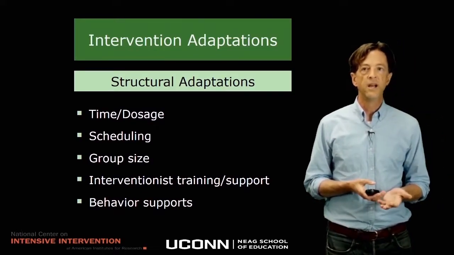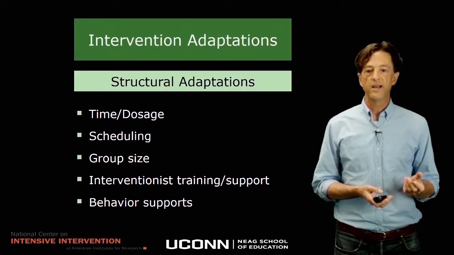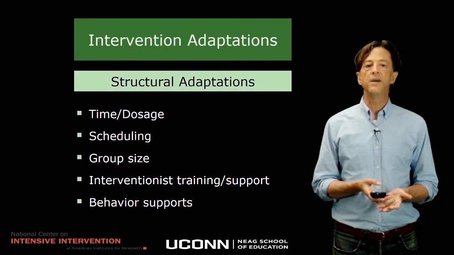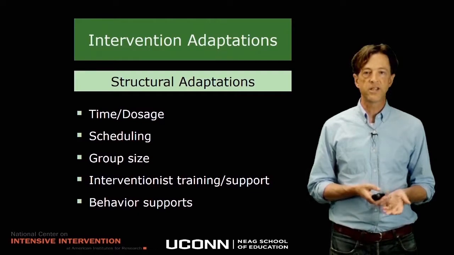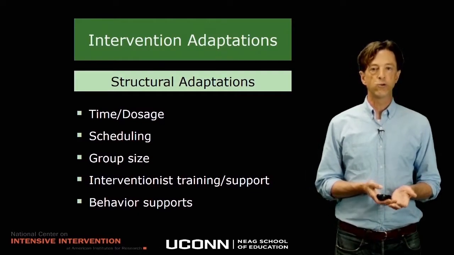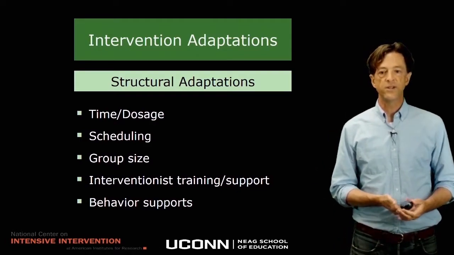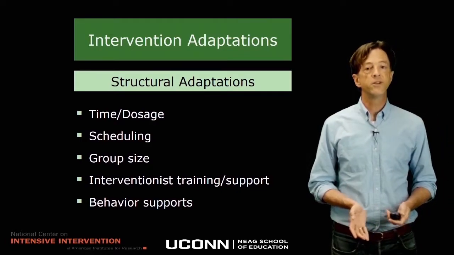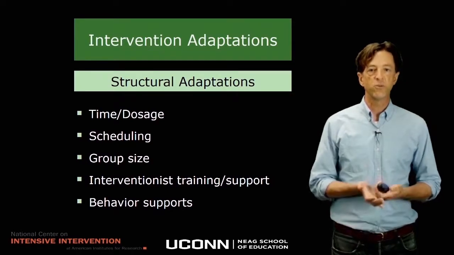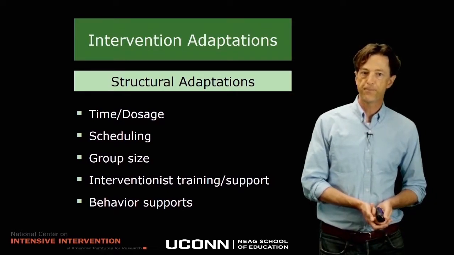So for example, thinking about adapting or adjusting things like time and dosage of intervention, thinking about the scheduling of intervention, thinking about group size, thinking about the kinds of training and support that different interventionists have, and then also thinking about potentially incorporating some kinds of behavior supports within the intervention program.